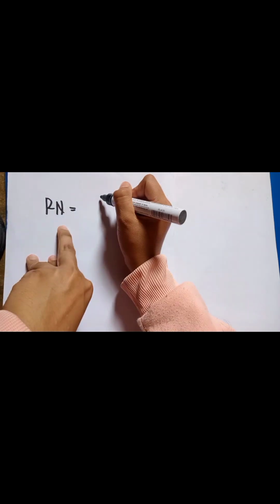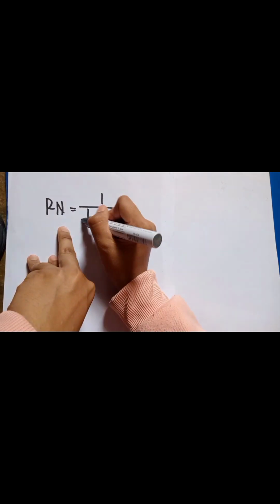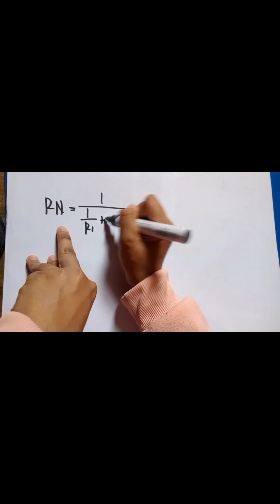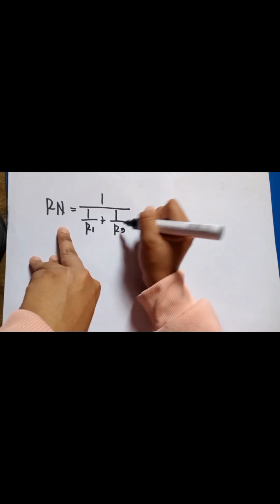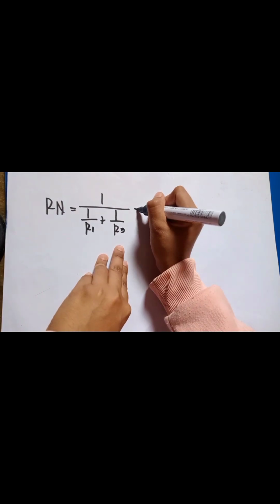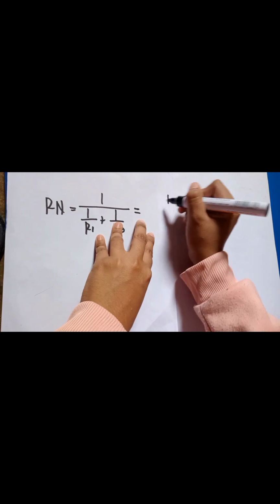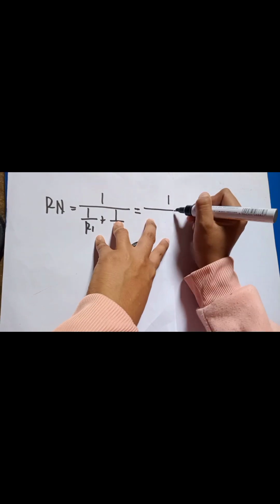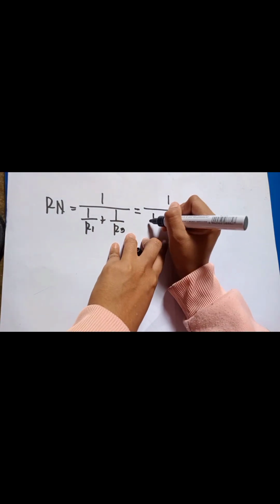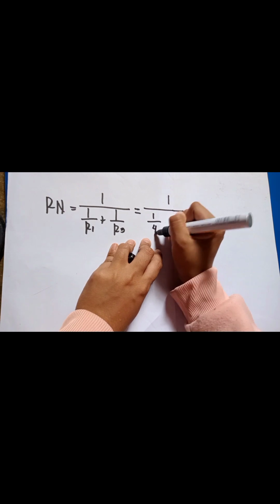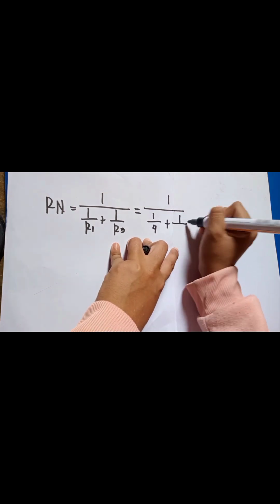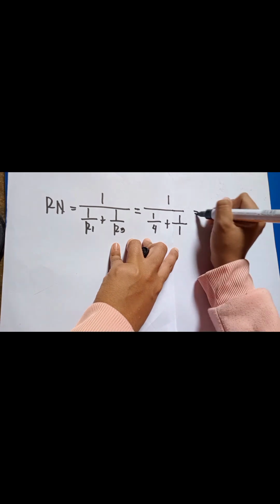Next is to find the Norton resistance. The Norton equivalent resistance is calculated as RN is equal to 1 over (1/R1 plus 1/R3). So, the value of R1 is 4, plus 1 over the value of R3, which is 1.